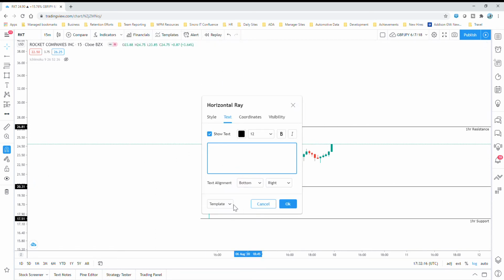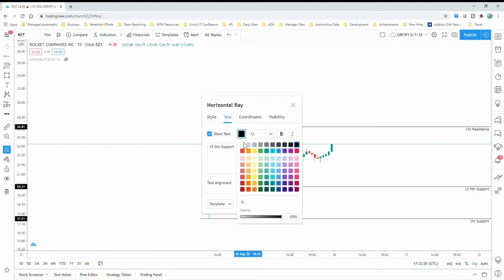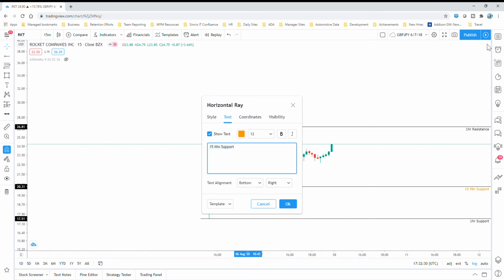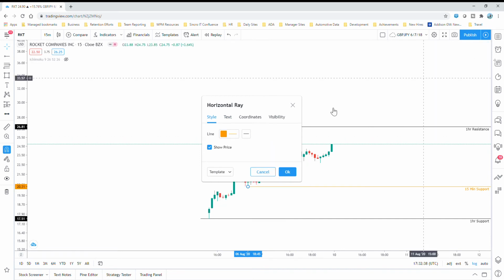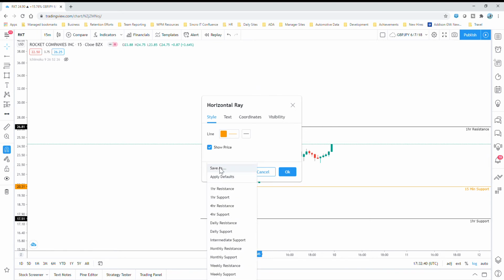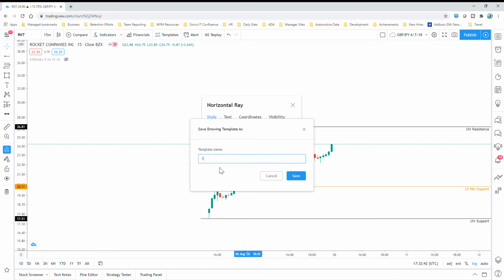Create a new template. "15-minute support." We'll make this orange. Alright, we'll save this just as 15-minute support.